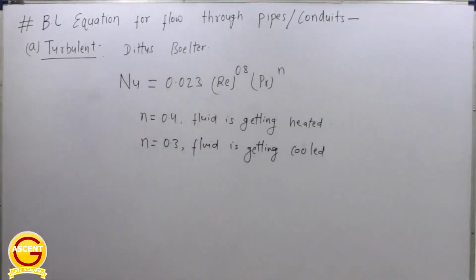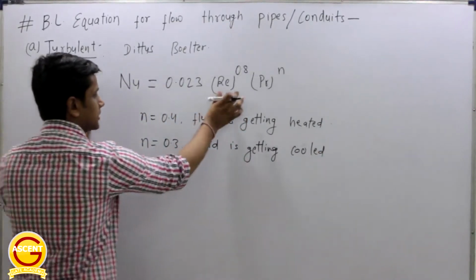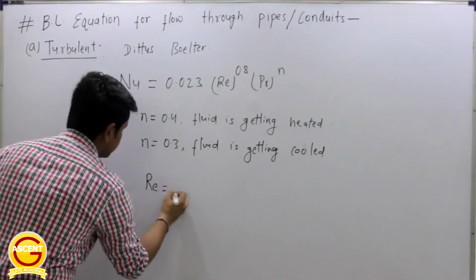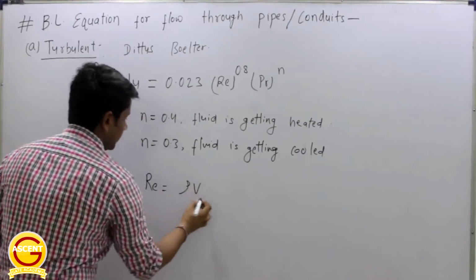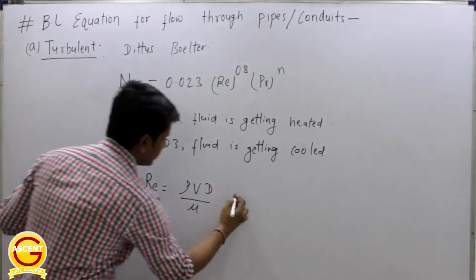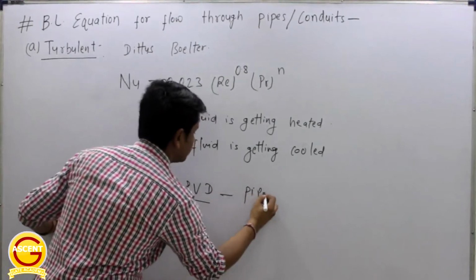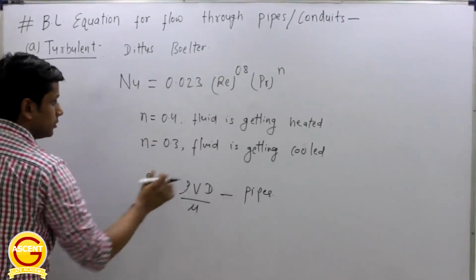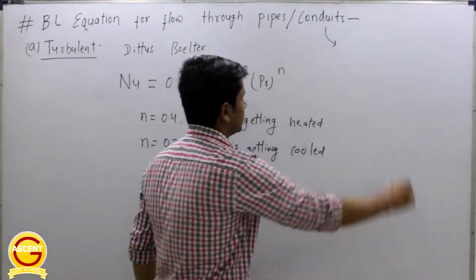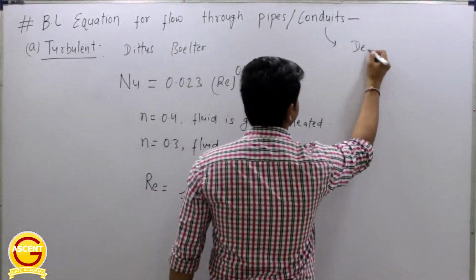And we know how to calculate this Reynolds number. The Reynolds number equals rho V D by mu. In case of pipes we use this formula, and for flow through any conduit we take the equivalent diameter.